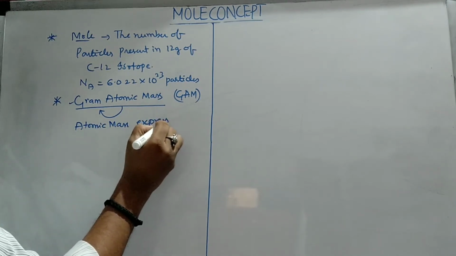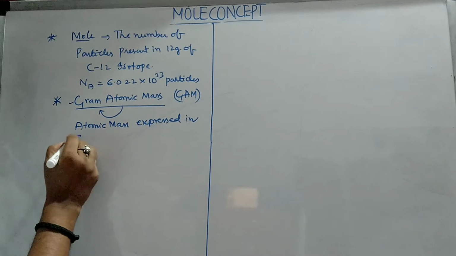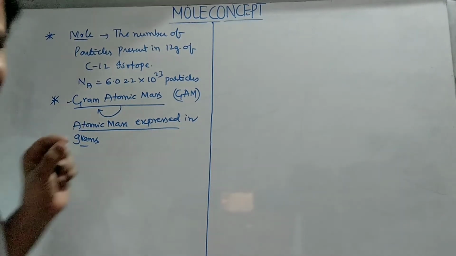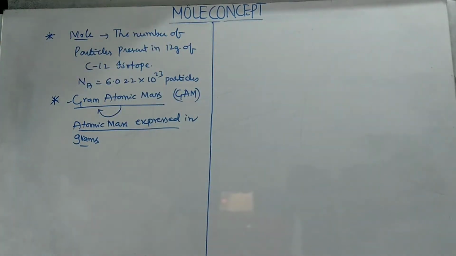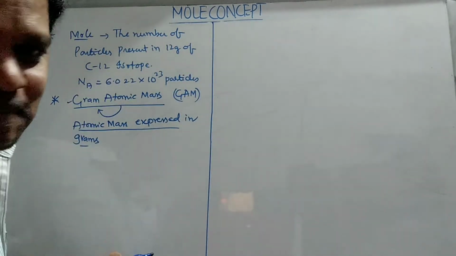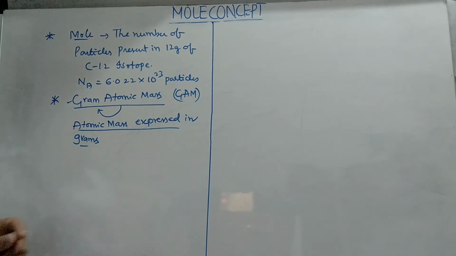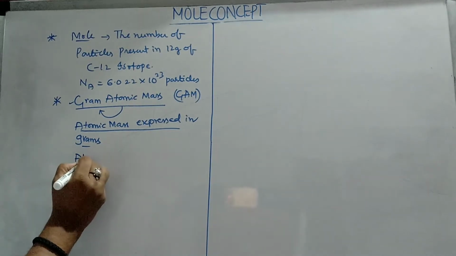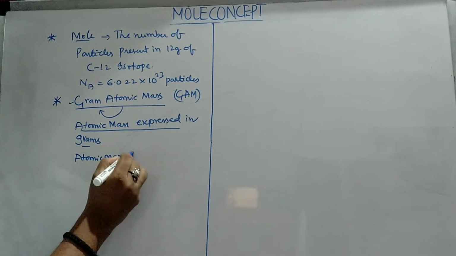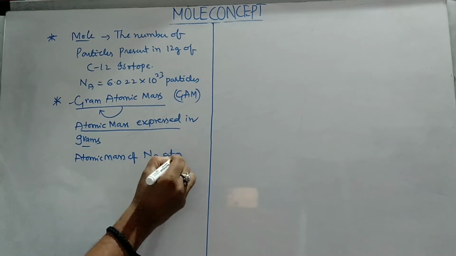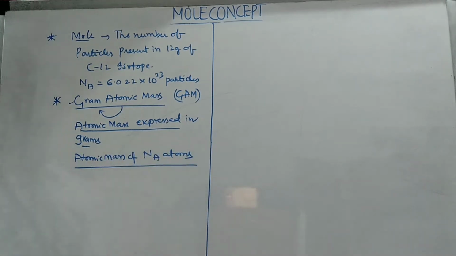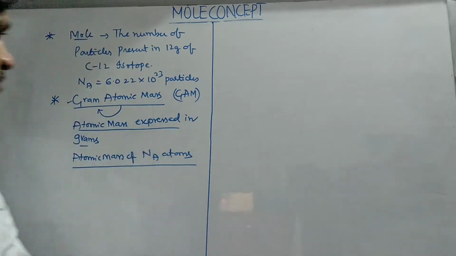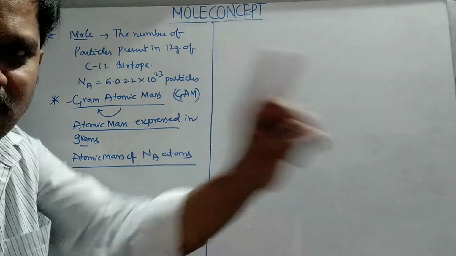If you express atomic mass in grams, we call it gram atomic mass, which is nothing but the atomic mass of Avogadro number of atoms. The atomic mass of Avogadro number of atoms is called gram atomic mass.